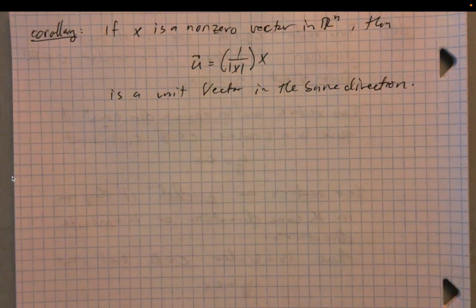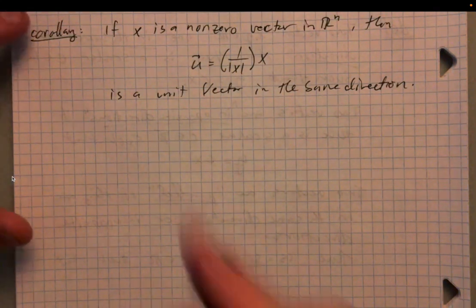So if you've got some vector x and you want to normalize it, then you can just multiply it by the reciprocal of its norm. Okay, so let's prove this.